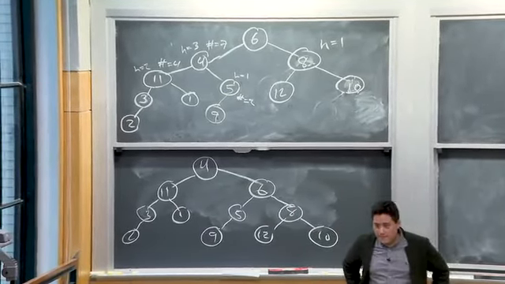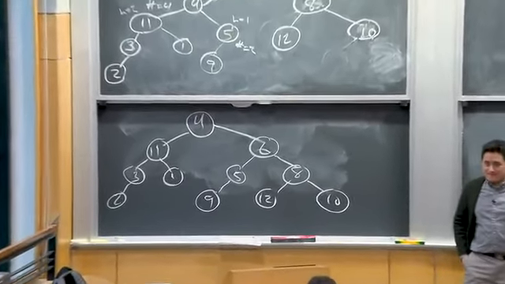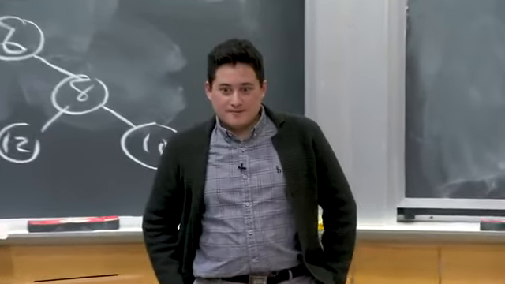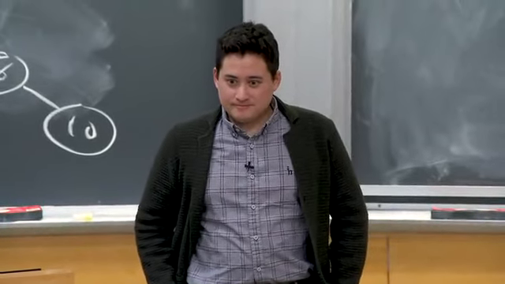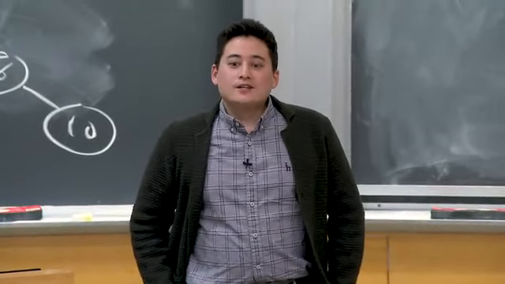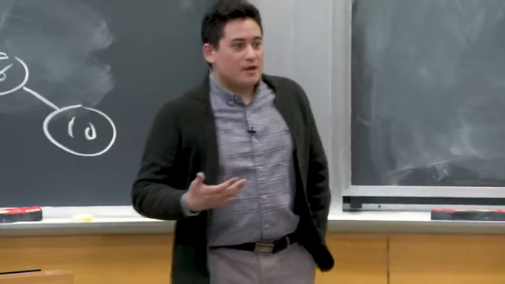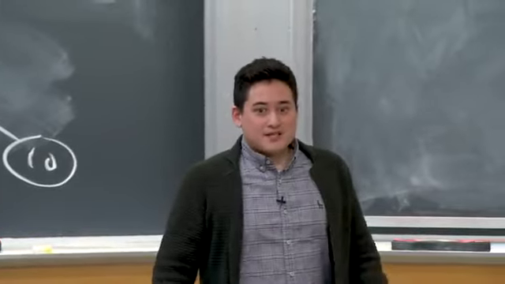Yeah? Just checking. So every time we do a rotation, we just update the augmentation immediately afterward, before we do any other rotation? Exactly. Updating the augmentation just means updating the count and the height, just the properties that stay. Basically, when we augmented, Professor Demaine yesterday defined for you what a subtree property is, right?